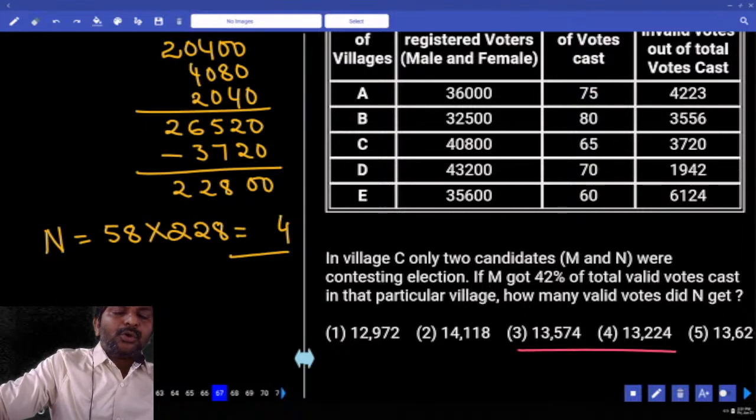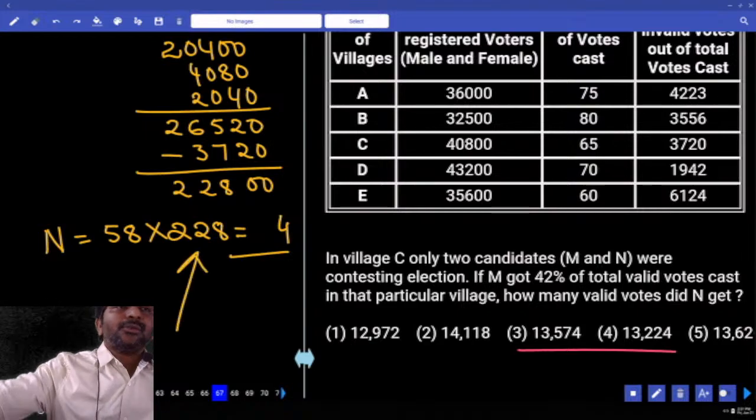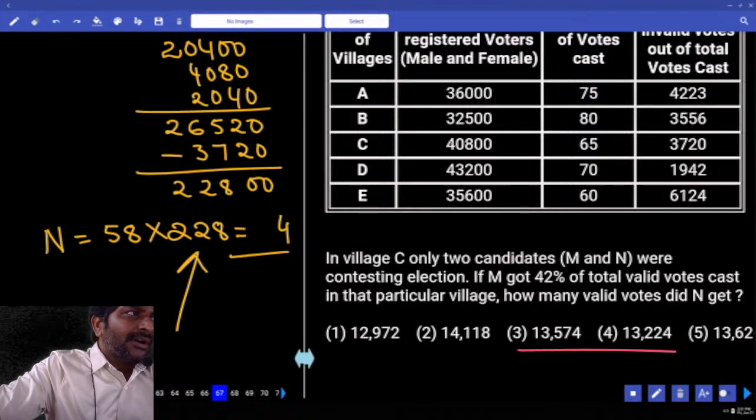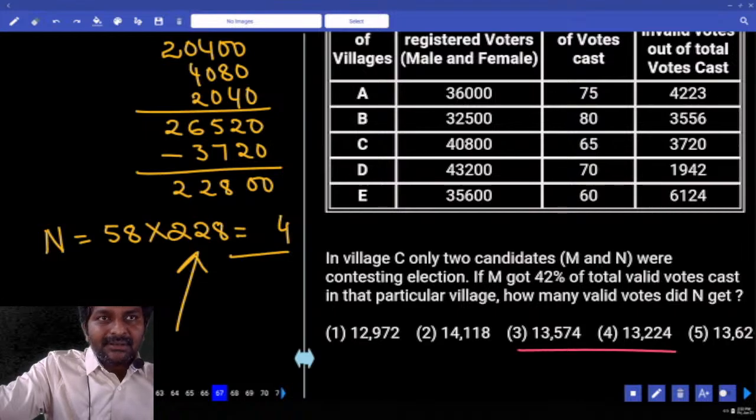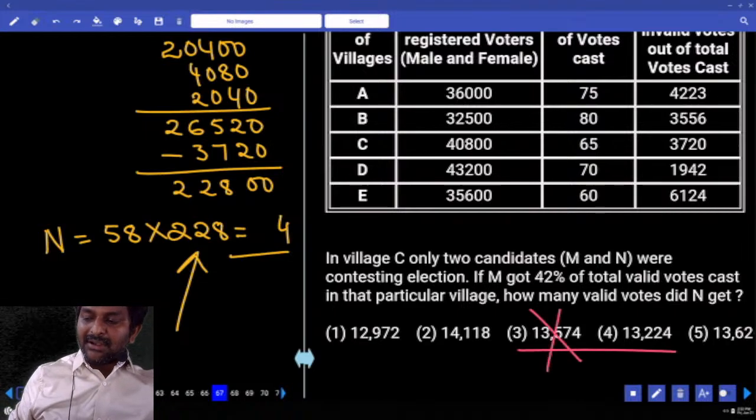Right? 228. What is the sum of the digits? Is it a 3 multiple? Then product must be a 3 multiple. Look at your third option. Is that a 3 multiple? Eliminate. Fourth final.